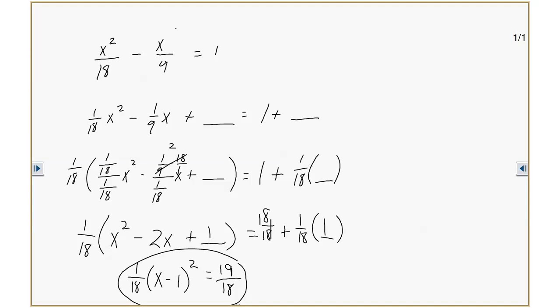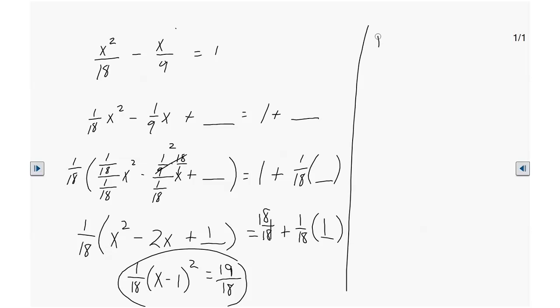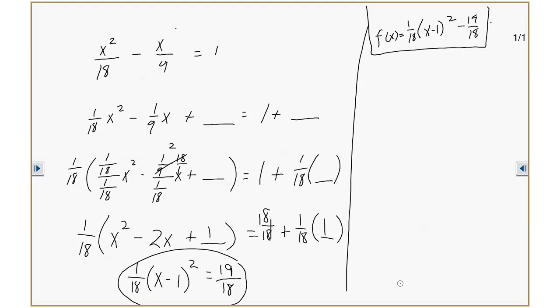That's what you get when you go over here. And f of x is equal to 1 over 18 x minus 1 quantity squared minus 19 over 18. That's your f of x, your intercept form.